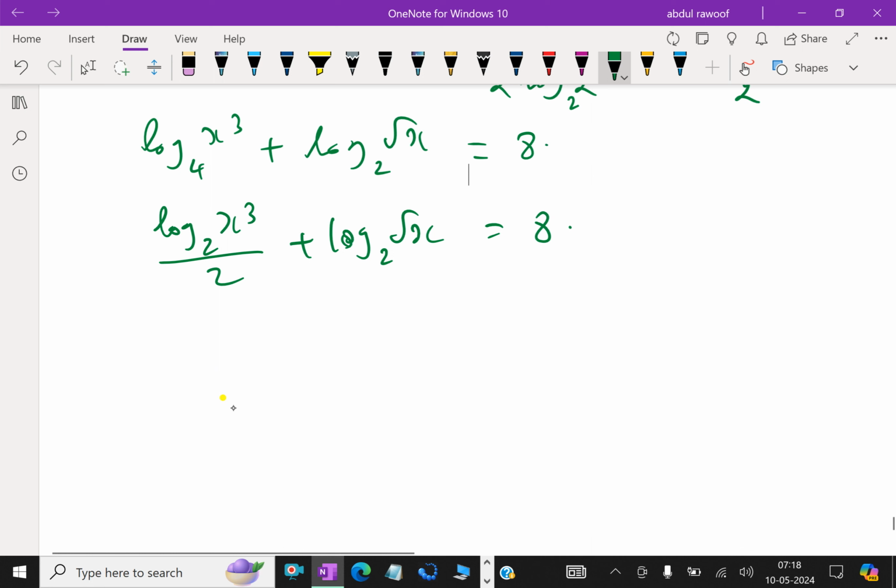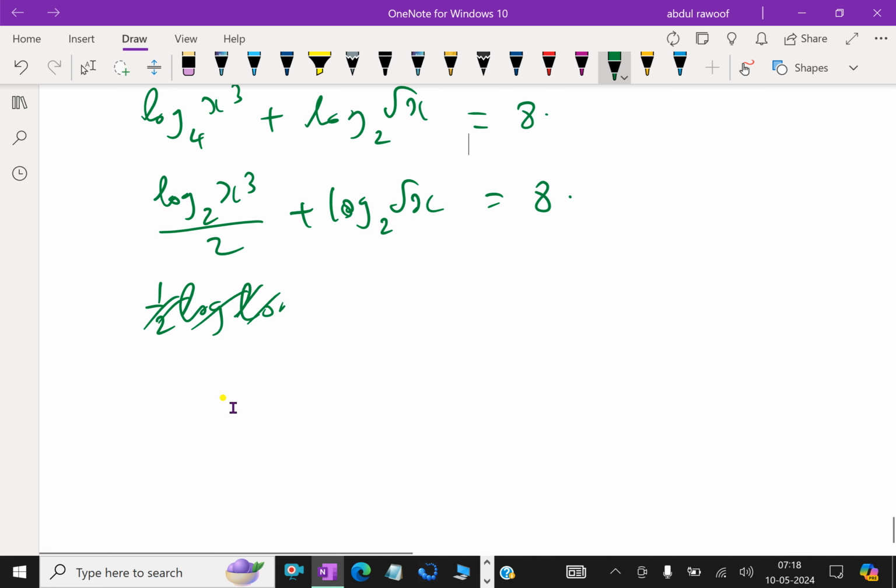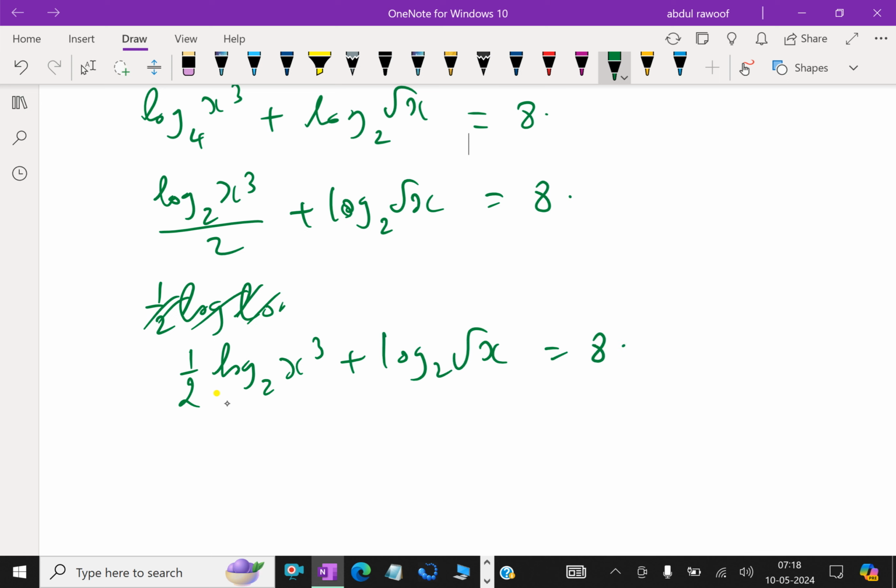This can be written as half log base 2 x cube plus log base 2 root x equals 8.